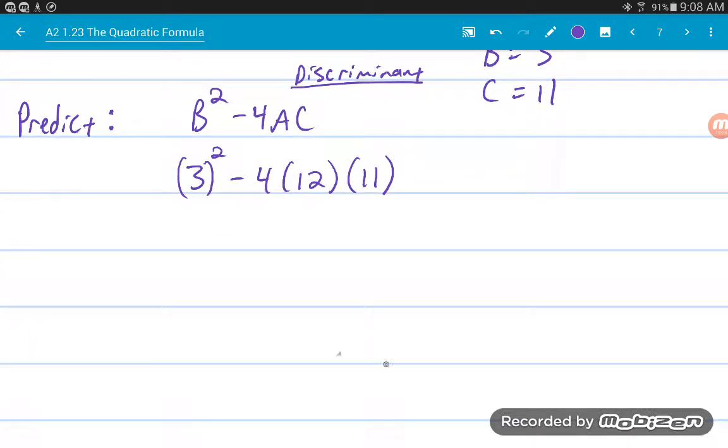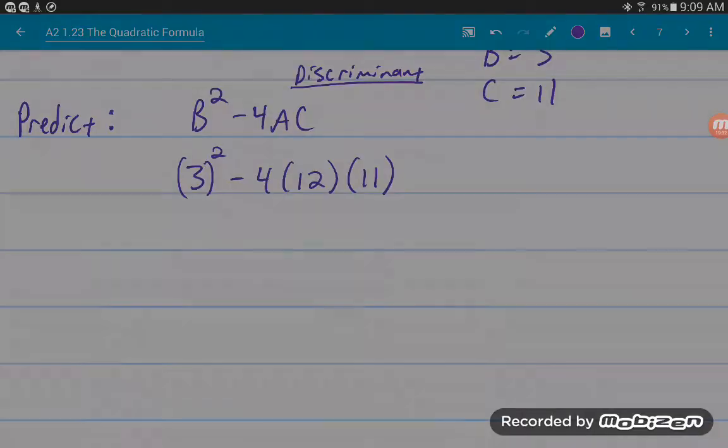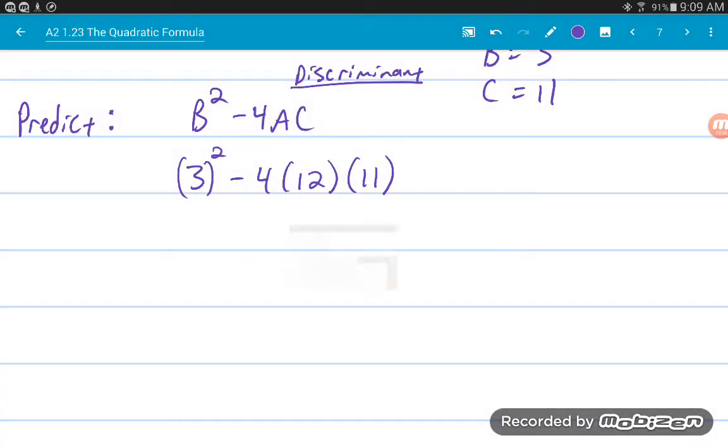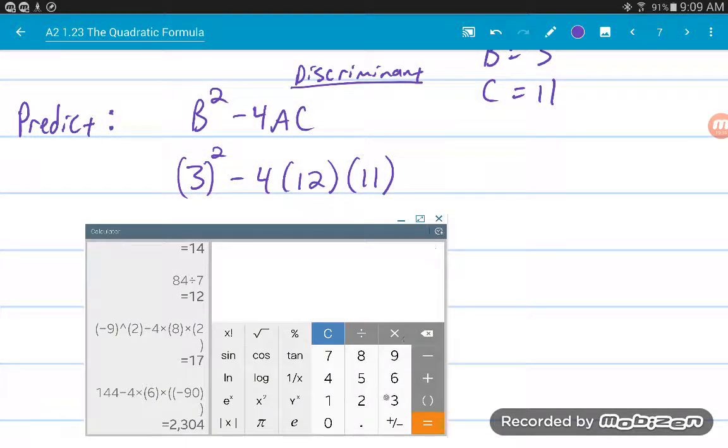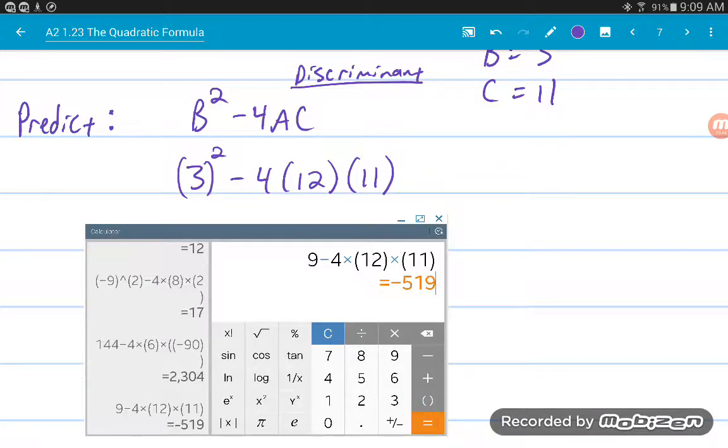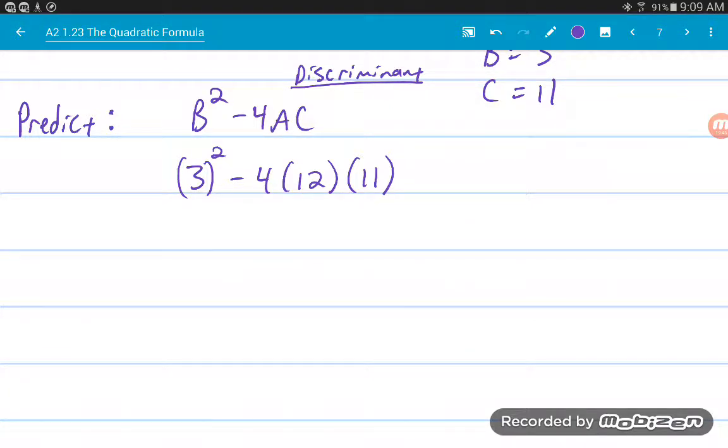I'm going to do that all in my calculator. Once again, I know that 3 squared is 9, so I'm just going to write that as 9. So 9 minus 4 times 12 times 11 is going to be equal to negative 519.